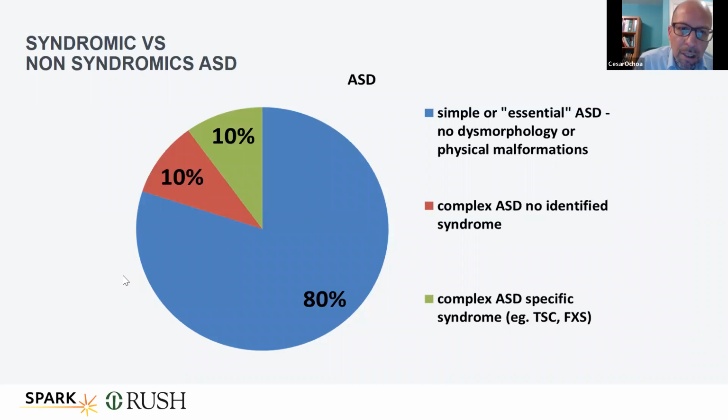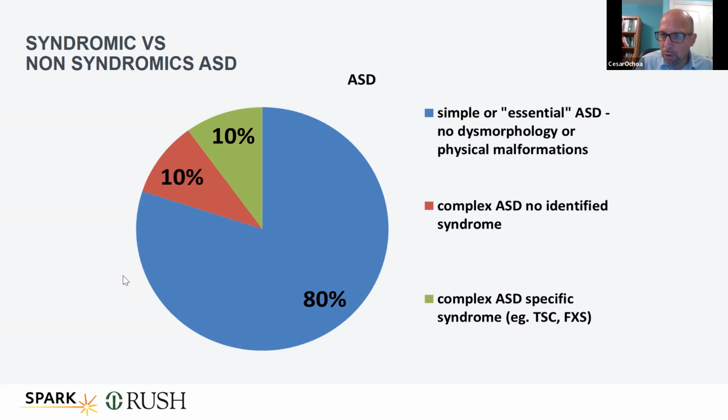When we look at the kids that have a diagnosis of autism, we find that in 20% of cases, they have features like the eyes are a little more separated, their ears are kind of low set, they may have a finger that is a little deviated, they have some skin lesions.